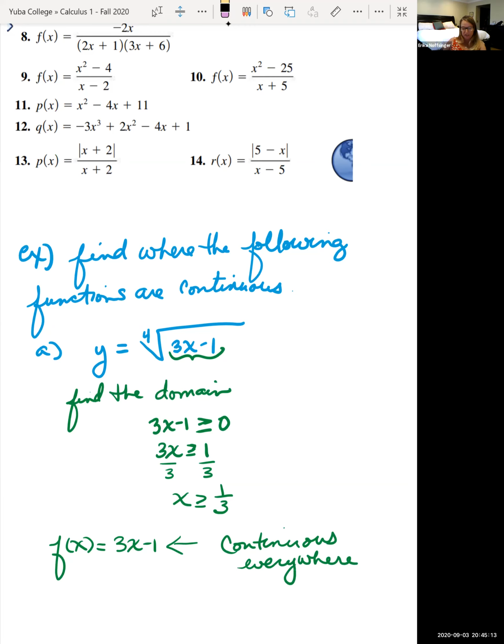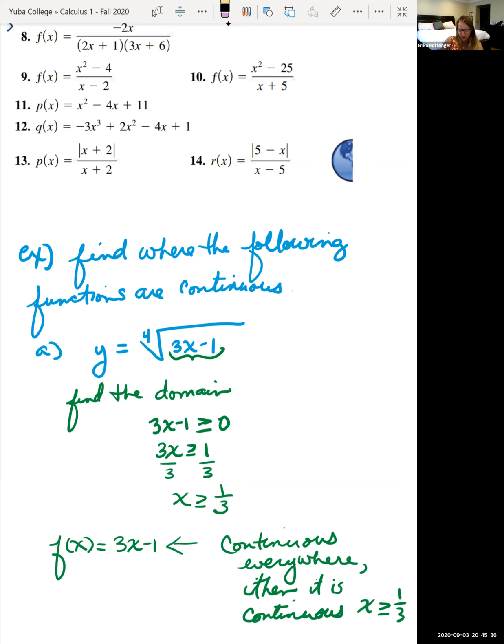And if it's continuous everywhere, then it has to be continuous on my set domain, right? From x is greater than or equal to 1/3.